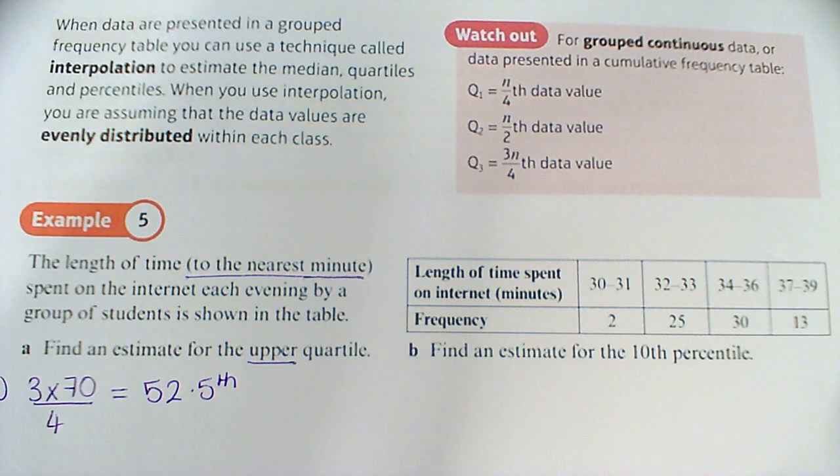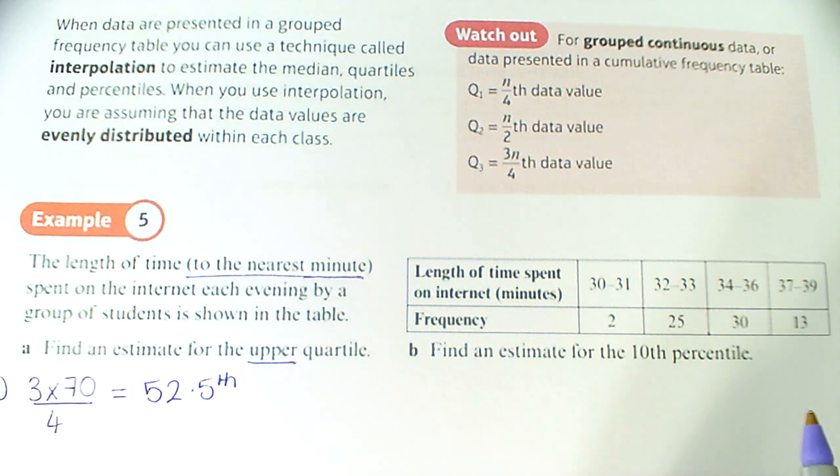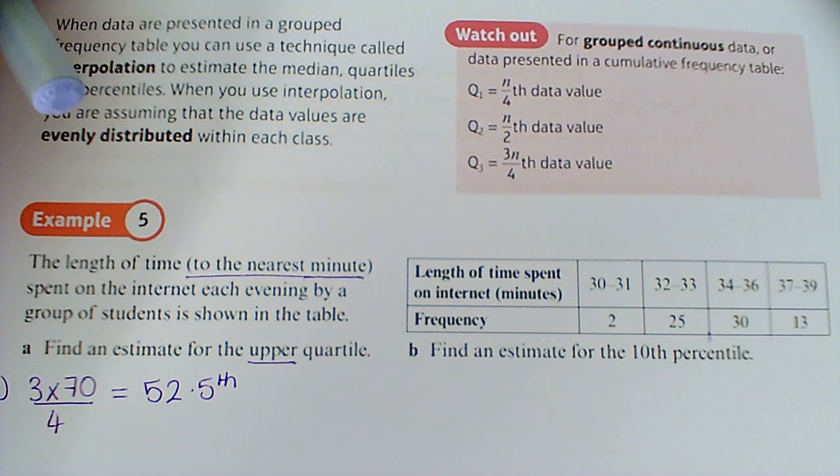At the start of the category, there were 27 bits of data. Here, there were 57 bits of data. So that's where the 27 and the 57 come from.